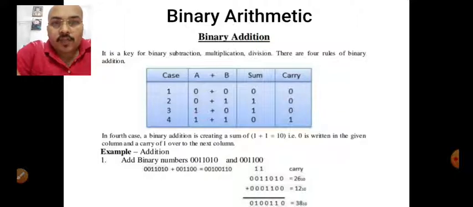So without wasting much of our time, let us start our today's class of binary arithmetic, in which we will study about different types of additions, and these additions are like binary additions, octal additions, hexadecimal additions, then binary subtraction, octal subtraction and hexadecimal subtraction, and binary multiplication as well as binary division. So let us start our today's class of binary arithmetic.